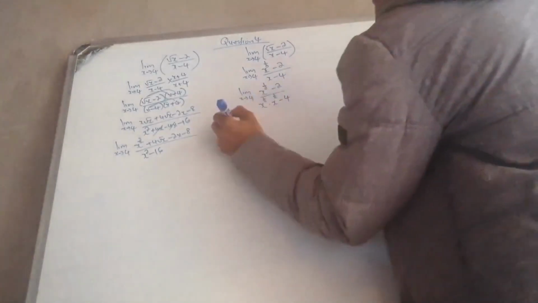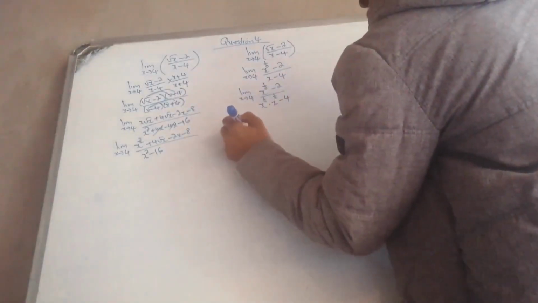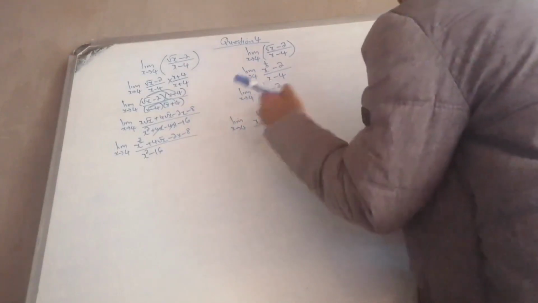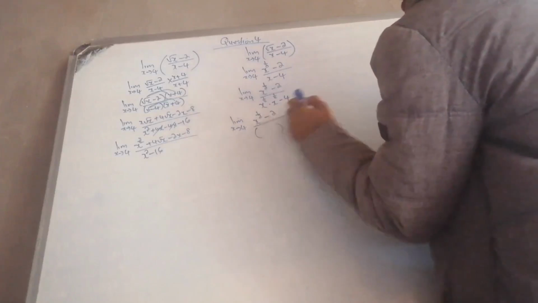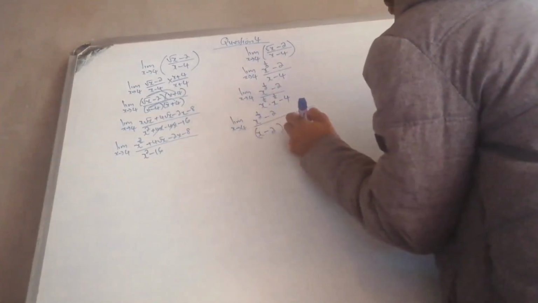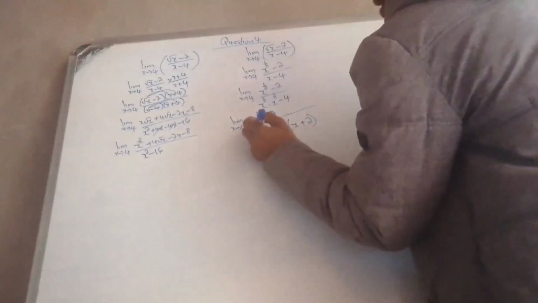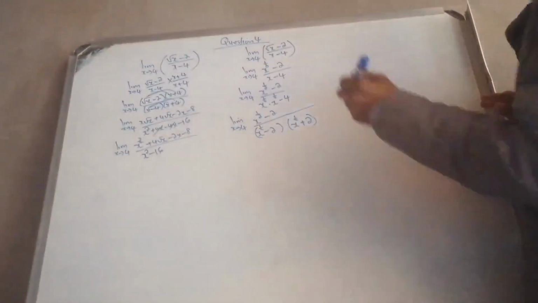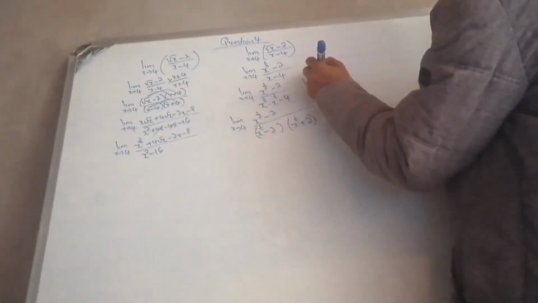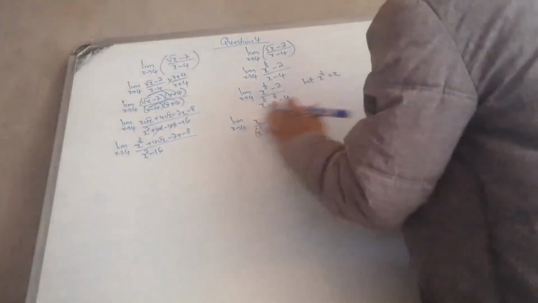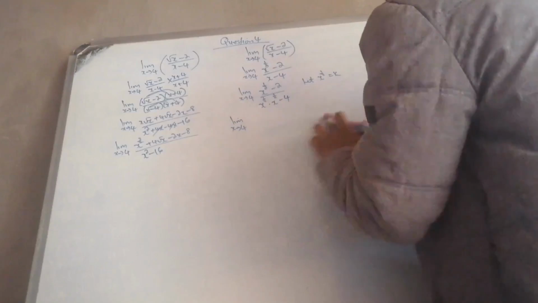The denominator looks like a difference of 2 squares. The limit as x approaches 4 of x to the 1/2 minus 2 over, this can be rewritten in the following way: x to the 1/2 minus 2 times x to the 1/2 plus 2. Let me just do it this way so that you may see exactly what I'm doing here.